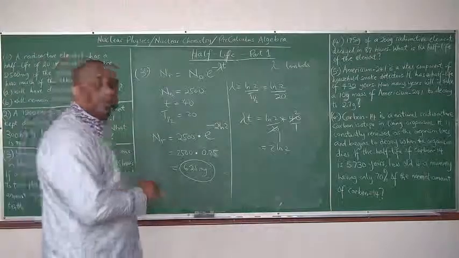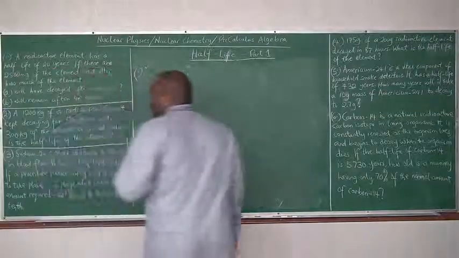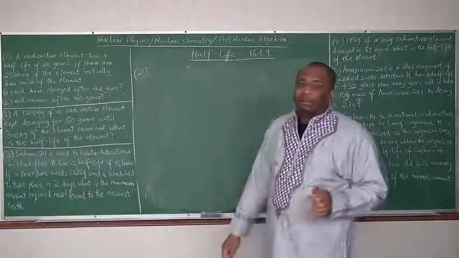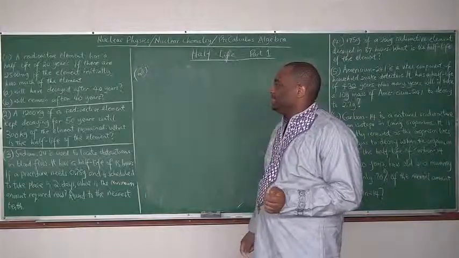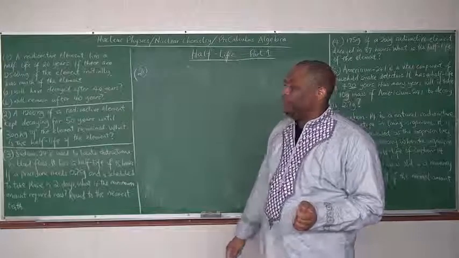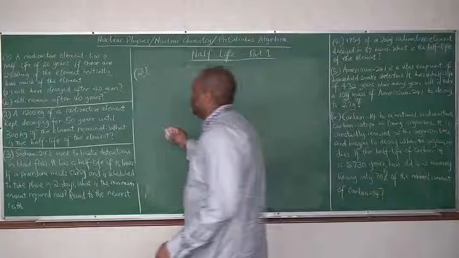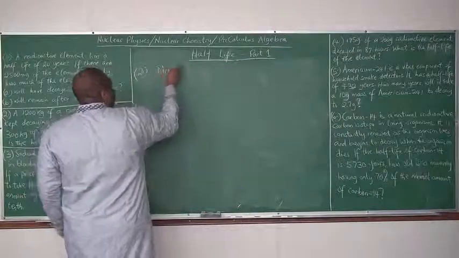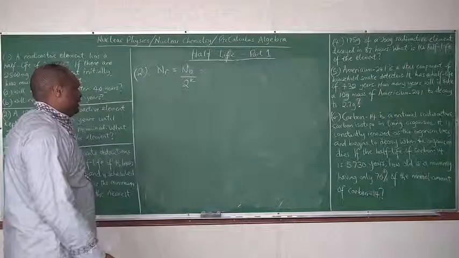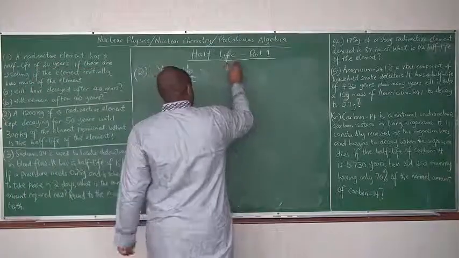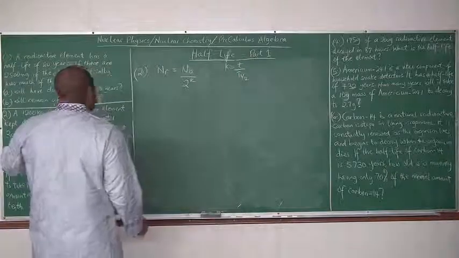Let's solve more questions. Question 2. 1200 kilogram of a radioactive element kept decaying for 50 years until 300 kilogram of the element remained. What is the half-life of the element? Let's use the first formula I gave you. First of all, let's find K. Here, you write out what you have.